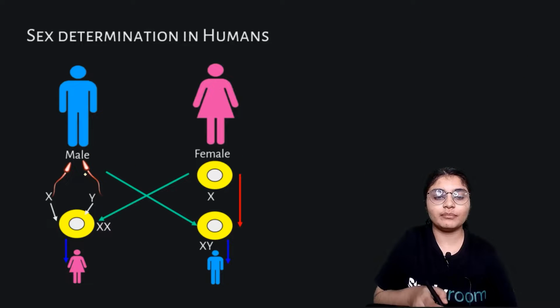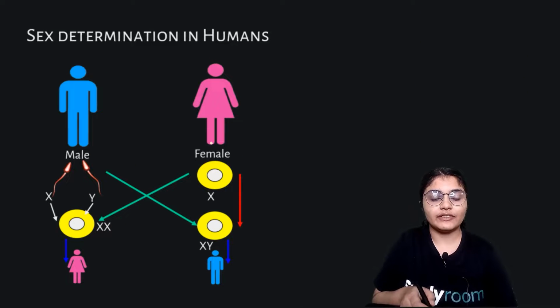You can see here that the male is giving X and Y, female is giving X. Essentially, the X and Y are determining the sex of the offspring. So if it is XY, then we'll have the male, and if it is XX, then we'll have the female.